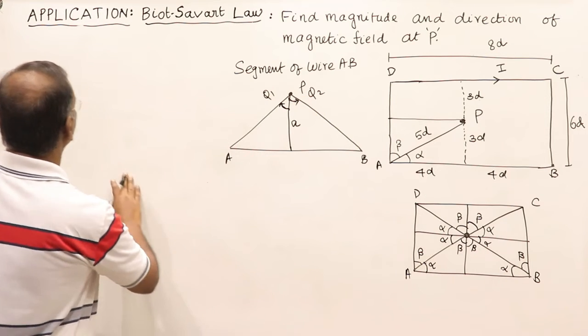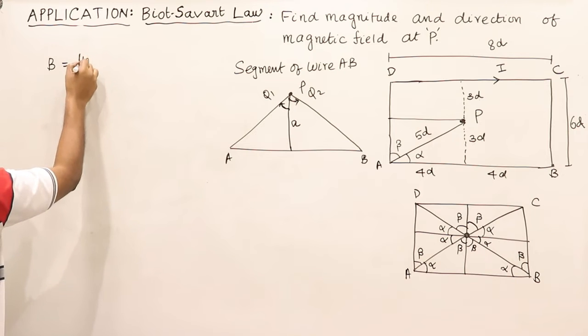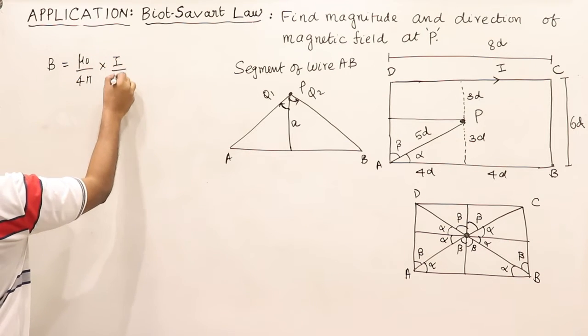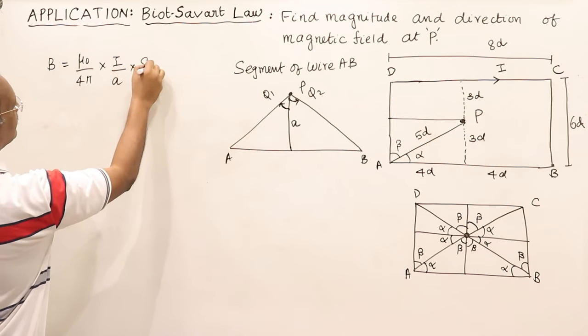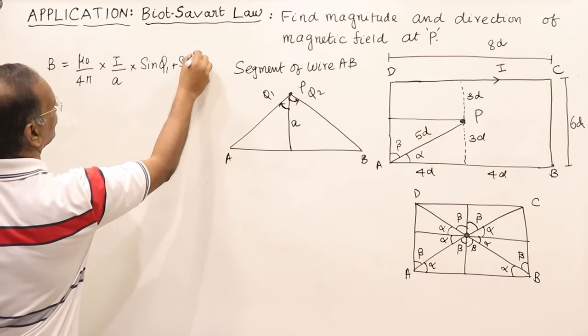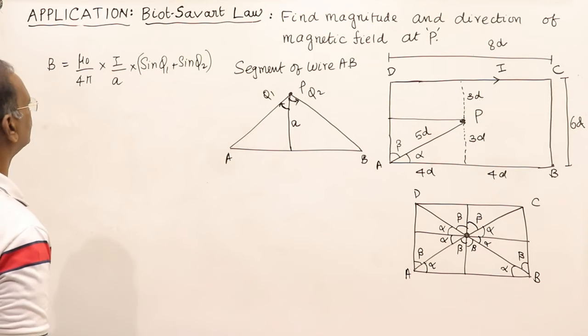So the equation is the magnetic field is equal to mu naught by 4 pi into current flowing into E into sine of phi 1 plus sine of phi 2. This is the equation.